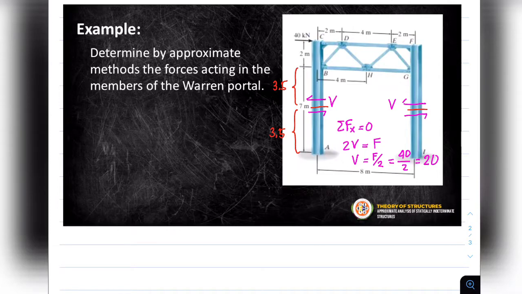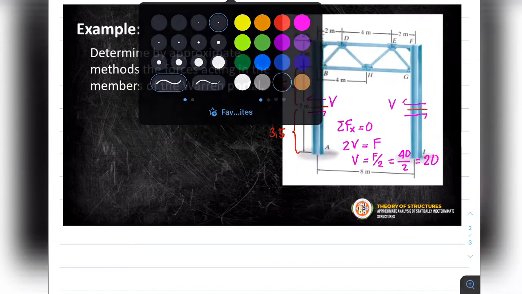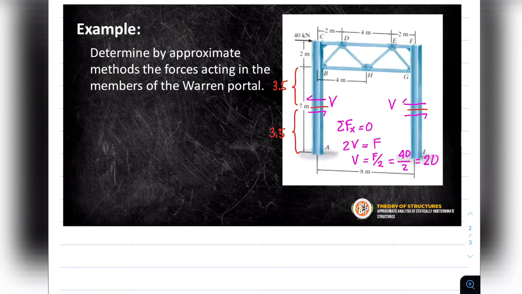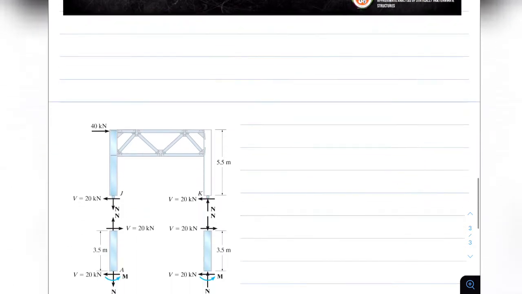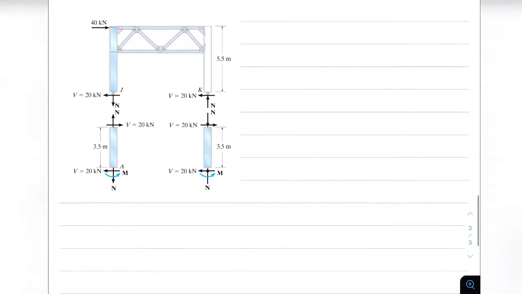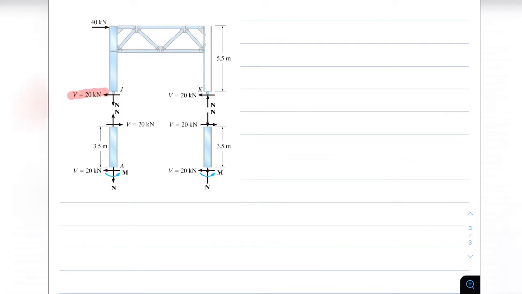That is, the summation of our horizontal forces will equal 0, giving us the value of our V equal to 40 kilonewtons over 2, which is 20 kilonewtons. With these assumptions, we can separate the structure at the hinges J and K and determine the reactions on the column as follows. First, using the lower half of the column, and then we use the upper portion of the column.